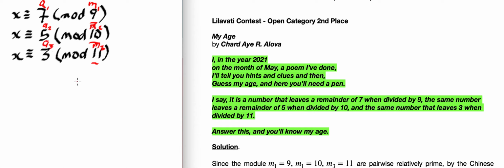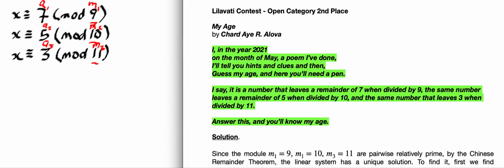Since the moduli are 9, 10, and 11, and they are all pairwise relatively prime, meaning if we pair each of them, 9 and 10, 9 and 11, 10 and 11, their greatest common factor is only 1, we can make use of the Chinese remainder theorem here.